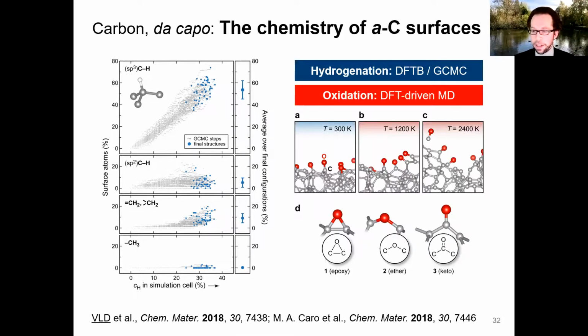That's manageable. And I should say, I've been talking a lot about elemental systems because those are the systems that I really like and care about. In other areas of materials science, people have been studying very complex alloys with machine learning potentials, very successfully. So it's not restricted to elemental systems.